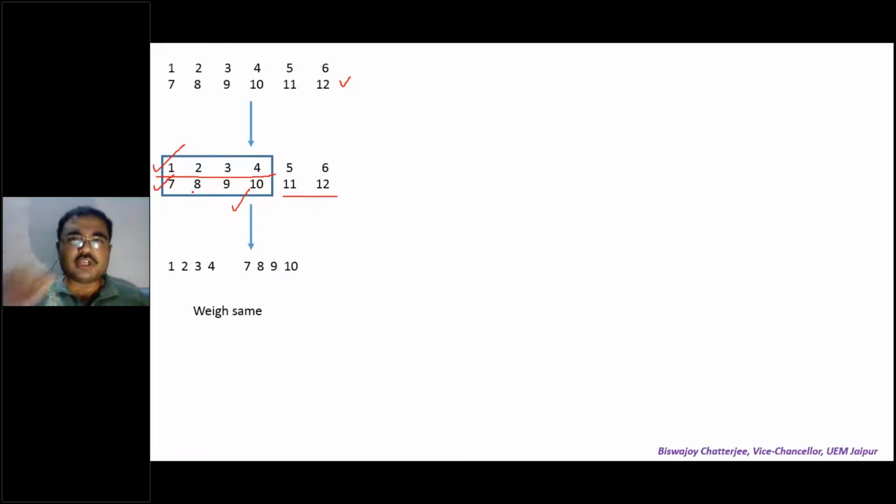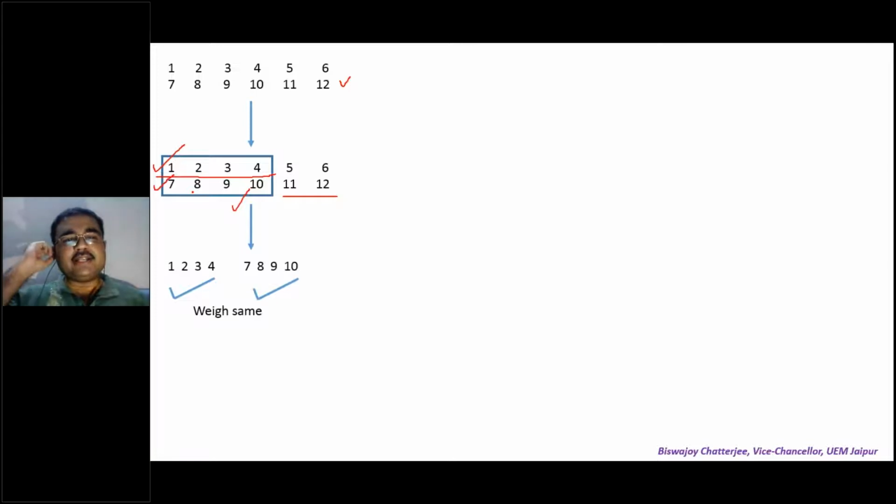But if they measured the same, then what? Let us take this first case as case 1, that these 8 coins measure the same, 4 each on the 2 sides of the weighing scale. What can you comment immediately?